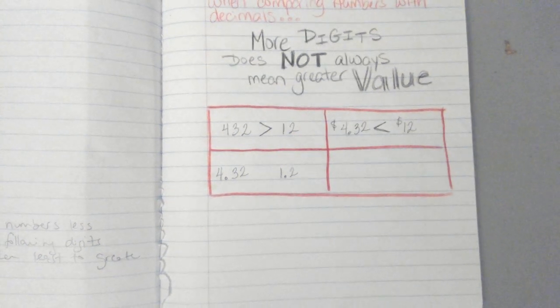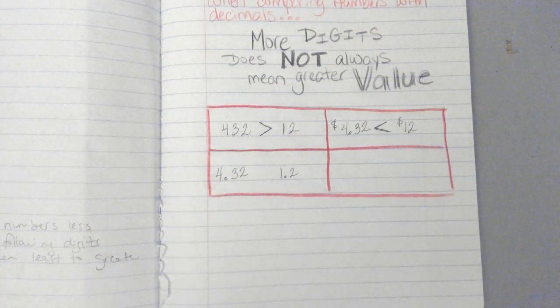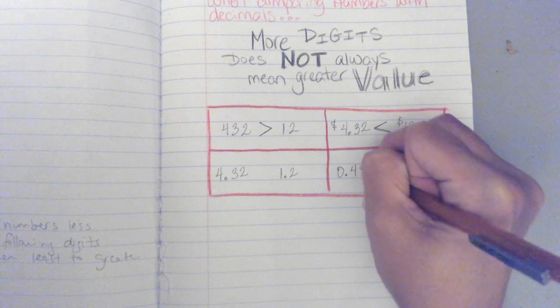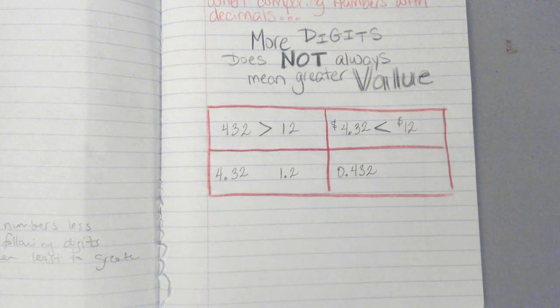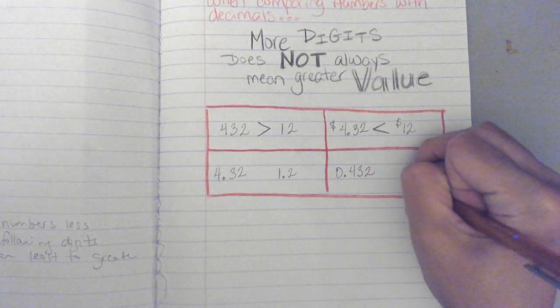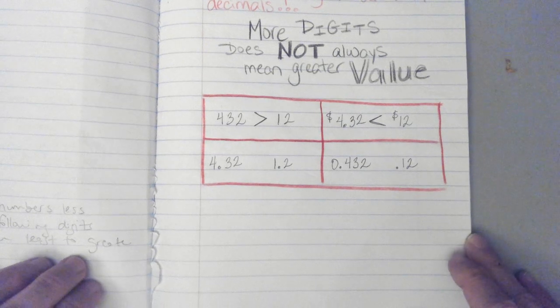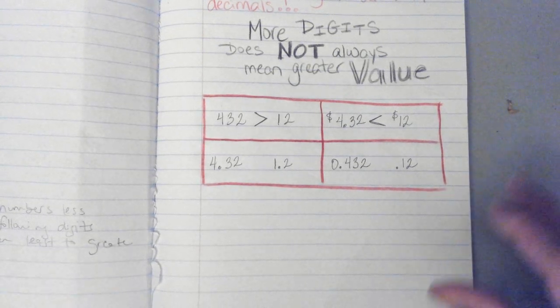Okay. I'm actually going to leave that one blank for a minute because I feel like we need to talk a little bit more. And then the other example I want to do is 432 thousandths, okay, and 12 hundredths. And we are going to talk about how to make those 2 comparisons happen.